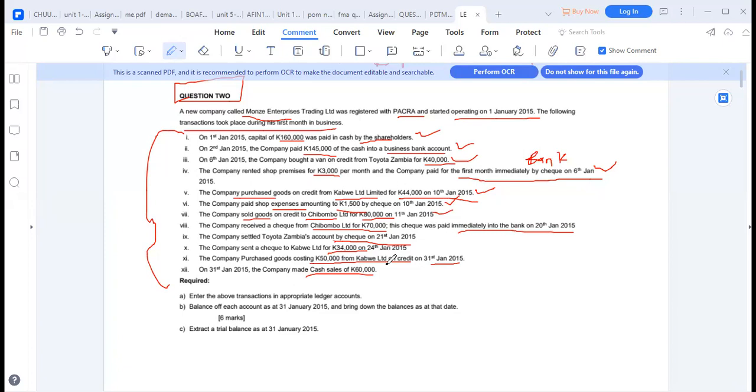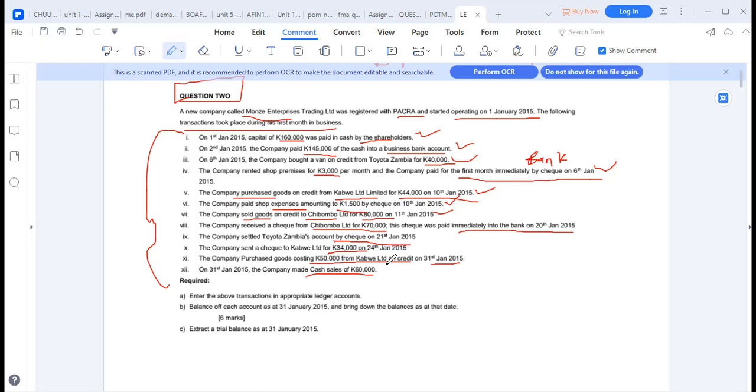The company bought a van on credit from Toyota Zambia for 40,000. What is happening is we have to look at which account was receiving. There are two things here. They bought a van. That van is your asset to work for the business. So the van was gaining, so it's a debit.